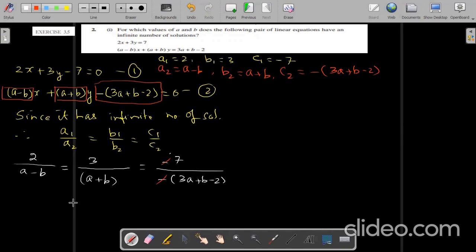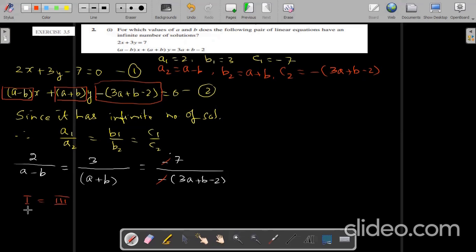Now we have three ratios. We can equate any two: first to third and second to third, to get two equations and solve them. So first we equate first to third.